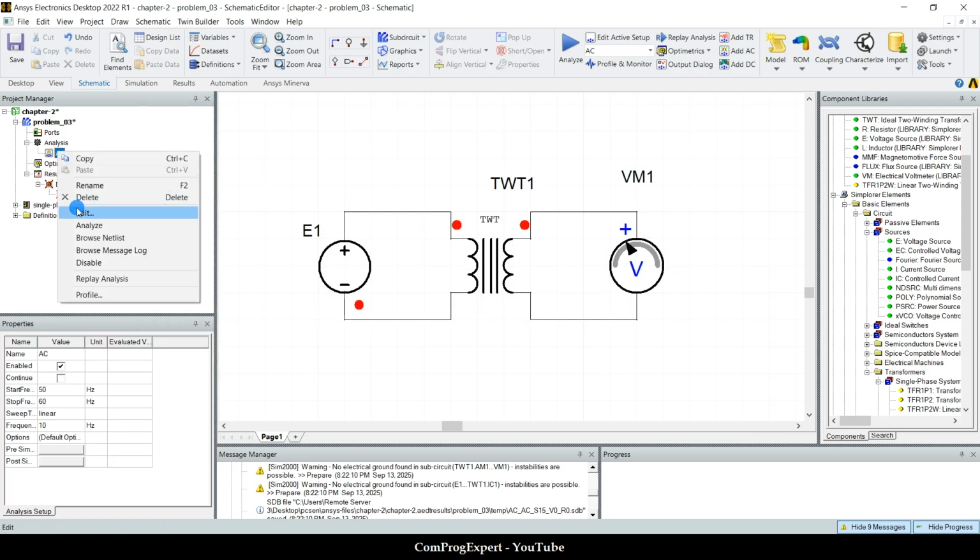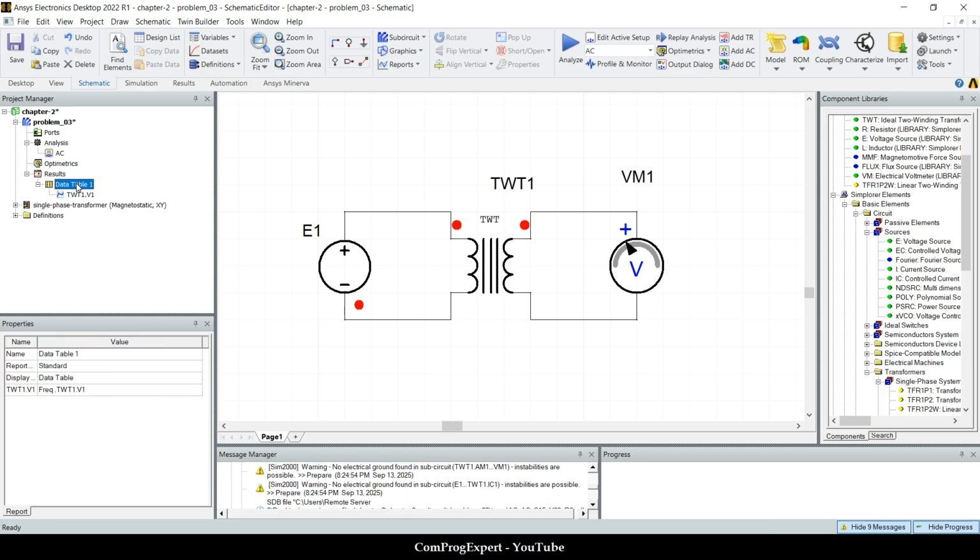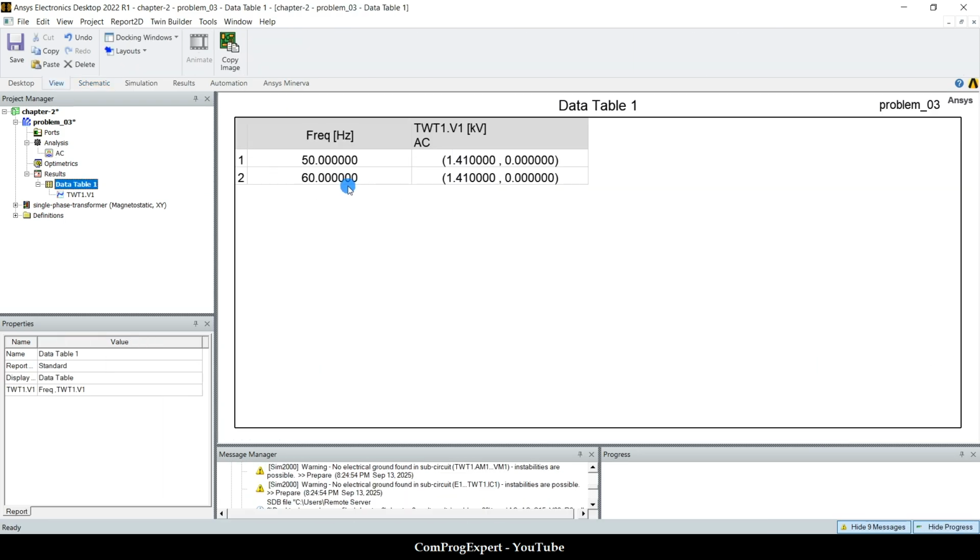And if we analyze the solver again, as you can see, we have this value, and the analysis is done for two frequencies, 50 Hz and 60 Hz. Also, we don't need to show this high number of digits. Field precision 2 is enough.